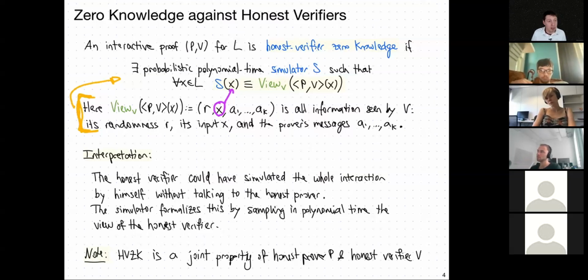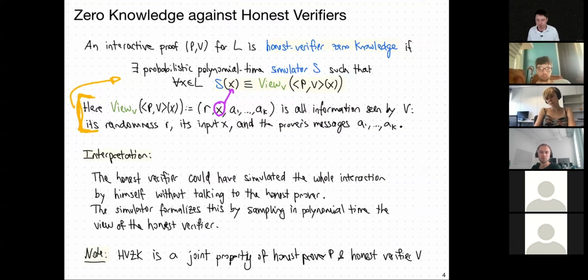Similarly, right now we're still not telling the prover that he's protected even if the verifier deviates from the protocol. We're saying that if the verifier also follows the prescribed instructions, then the prover has this guarantee. So it's a joint property of the prescribed honest prover and the prescribed honest verifier. We'll come back to the malicious verifier in a moment. We'll first understand this intermediate notion.